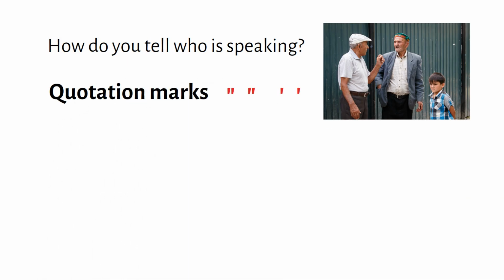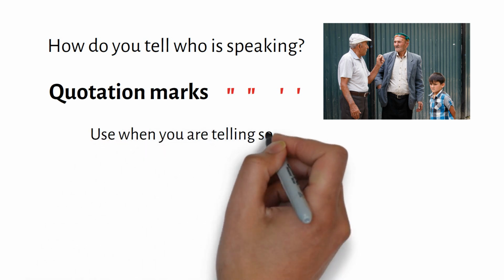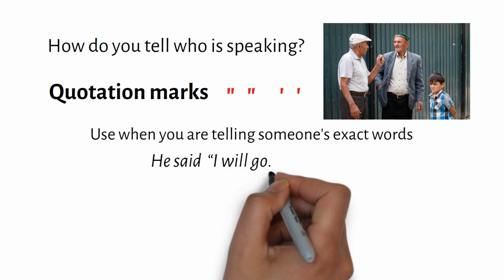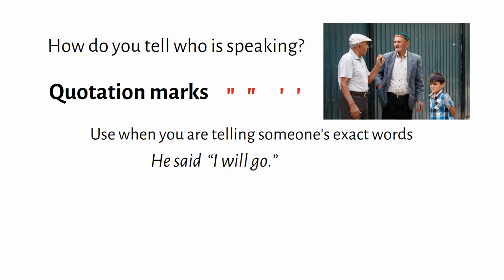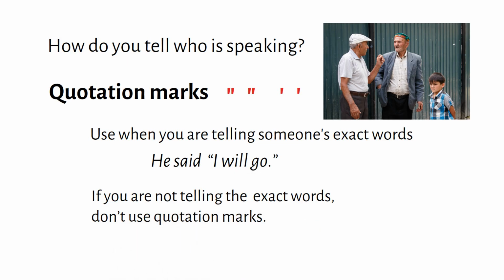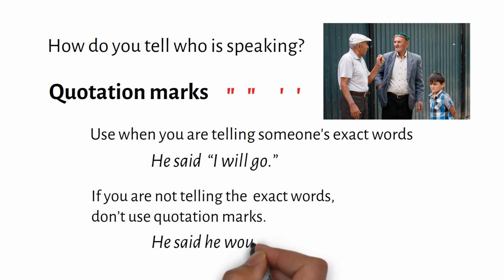This punctuation is called quotation marks. Use these when you are telling someone's exact words. He said, "I will go." If you are not telling the exact words someone said, don't use quotation marks. He said he would go. As you mentioned, some languages have morphemes that show direct speech, and for these languages, you don't need quotation marks.